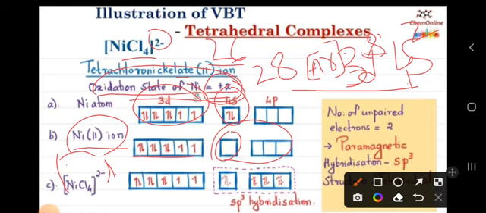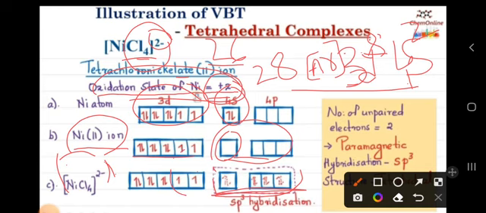So here first of all, is Cl4 a strong field or weak field? Weak field ligand. And coming to here, will this undergo outer or inner orbital because of the presence of weak field ligand? It will undergo only outer orbital. So these are the outer orbitals. These are the inner orbitals.